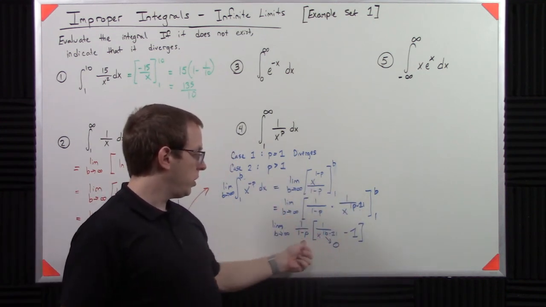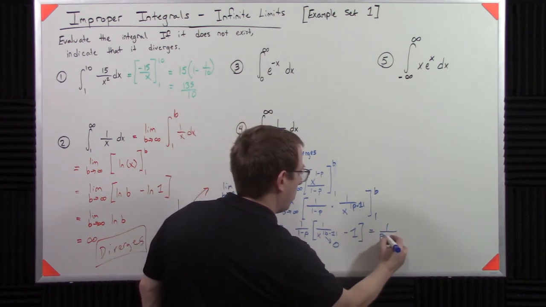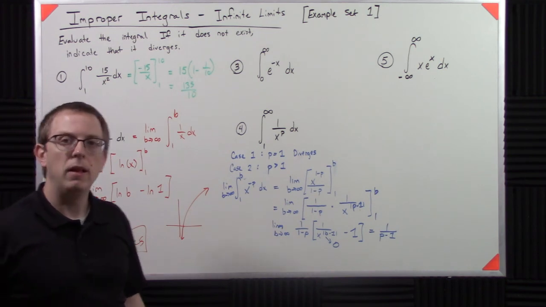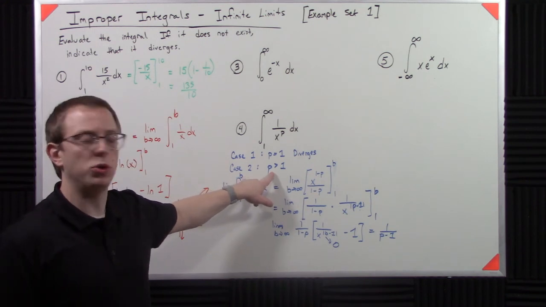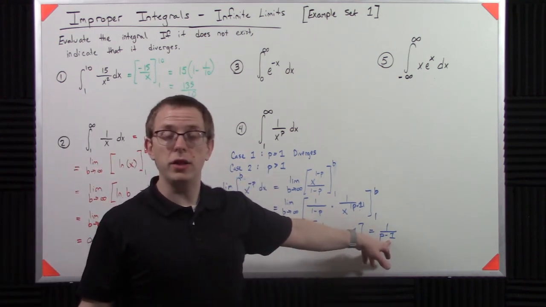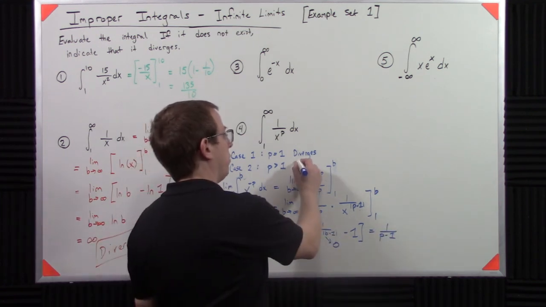So this goes to 0. This comes here. So we get 1 over p minus 1. But p is just some fixed number, right? It's some fixed number larger than 1. So this is perfectly fine, this is just some number. It's 1 over p minus 1. That tells us that this converges.